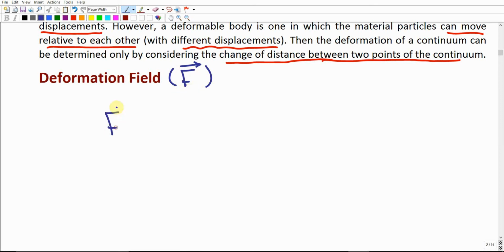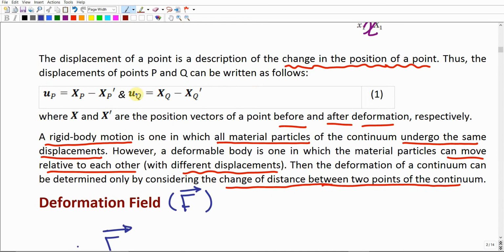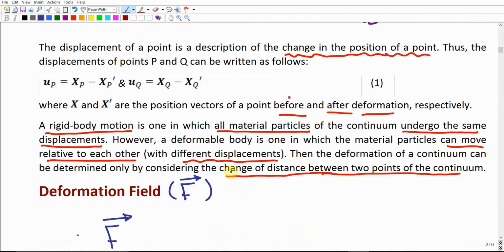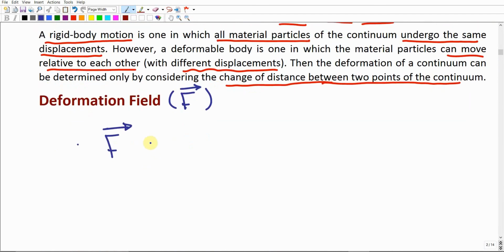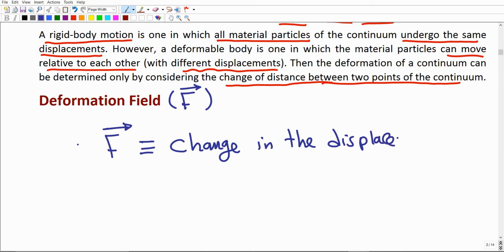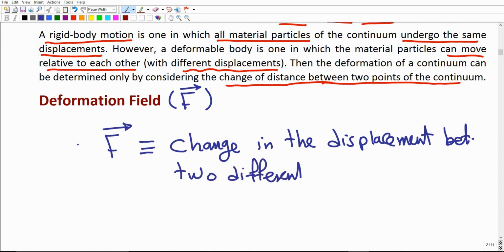So let us consider that this F stands for the deformation, how much deformation this object is going to experience. So again, the deformation field, simply it is a change in the displacement. We can consider this one as the change in the displacement between two different points in the continuum.